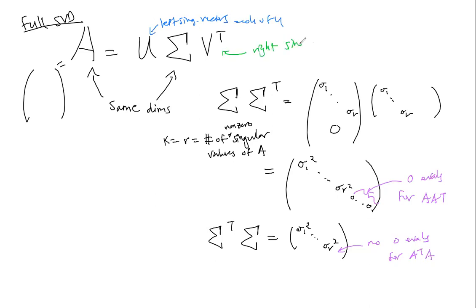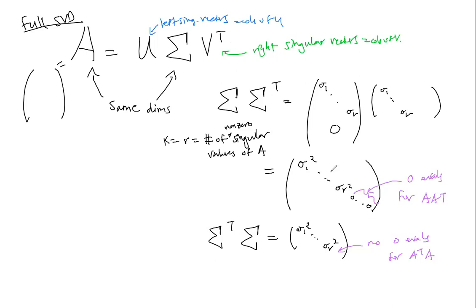You do that until you get to 0, and then you stop. And that's the truncated SVD.